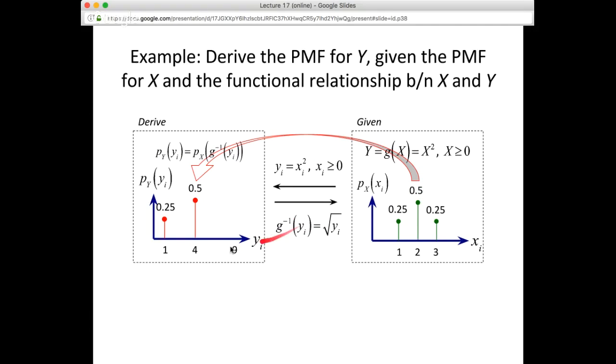In this case, we've got 4 as the yi, so our random variable y is equal to 4. We take the square root of that, we get 2. So we map the probability at xi equal to 2 to the probability at yi equal to 4. And likewise, this event x equal to 3 just maps to y equal to 9 with the same probability.